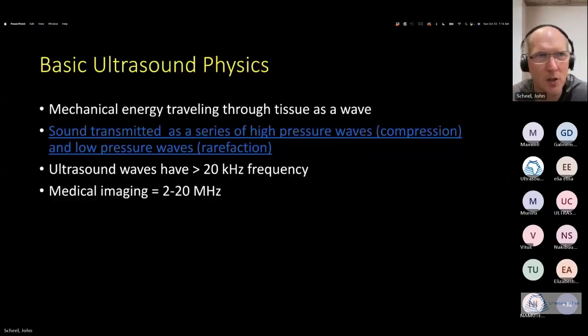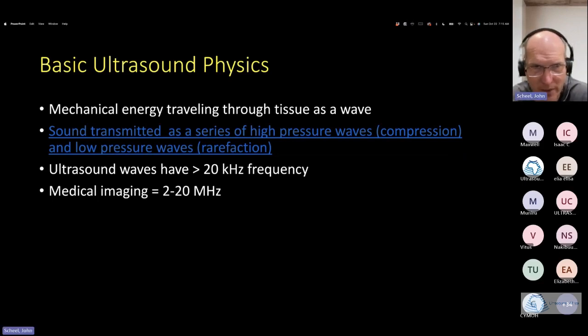So ultrasound is a mechanical energy that travels through tissue as a wave. And these high pressure waves and low pressure waves are what cause the characteristics that are then transmitted back to the probe and form an image.